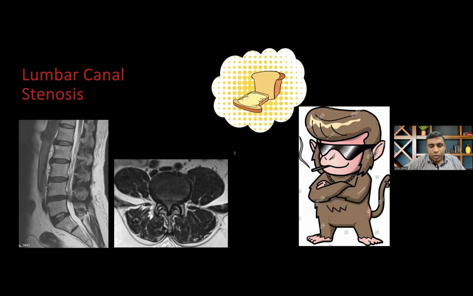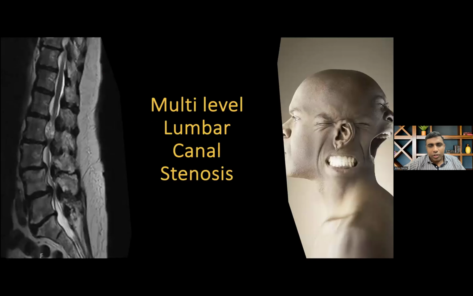However, this happiness changes into a bit of a problem when you have cases like these where the problem is almost everywhere. When you get these 60-year-old, 70-year-old patients who have changes everywhere, you keep wondering where exactly the problem is, how much should I do and how much should I not do.